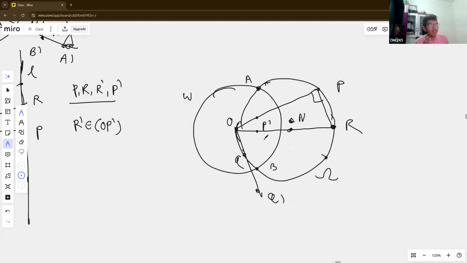If you invert R, you get R dash, and if you invert P to P dash, then P, R dash, P are cyclic, and that way this is 90. So P dash is the locus of points such that angle O R dash P is 90.